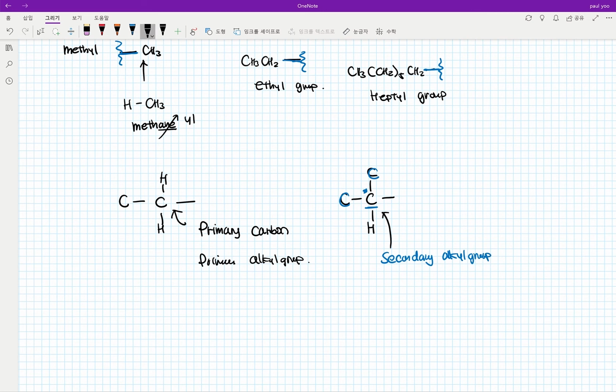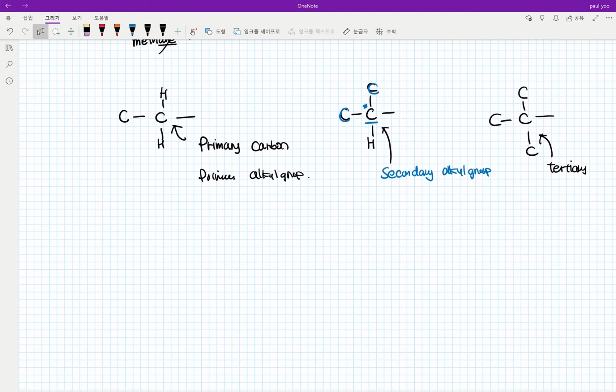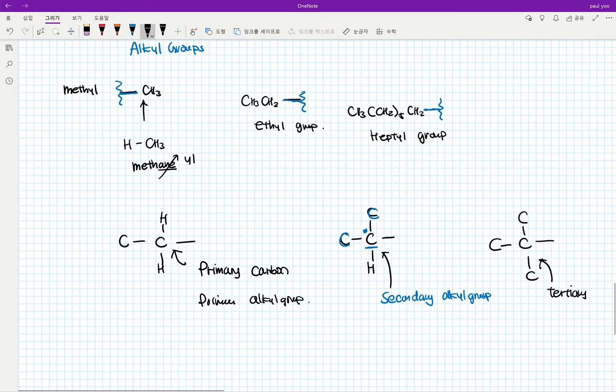And respectively, a 3-carbon attached carbon will be considered a tertiary alkyl group. Ethyl and heptyl will be the examples for our primary alkyl group.